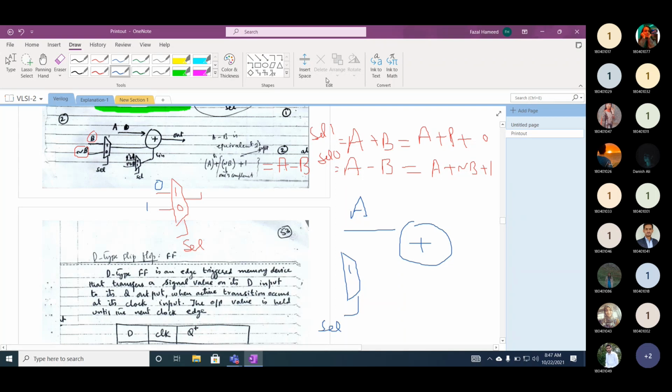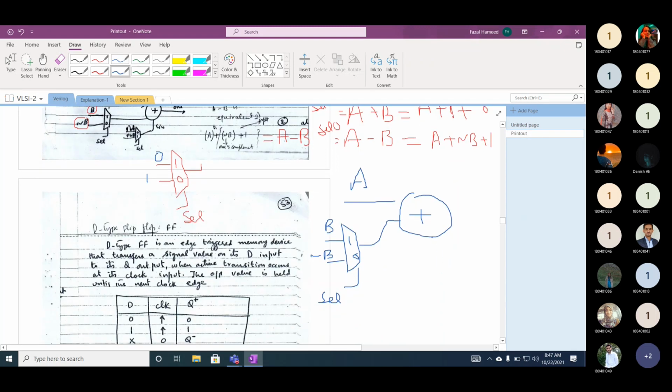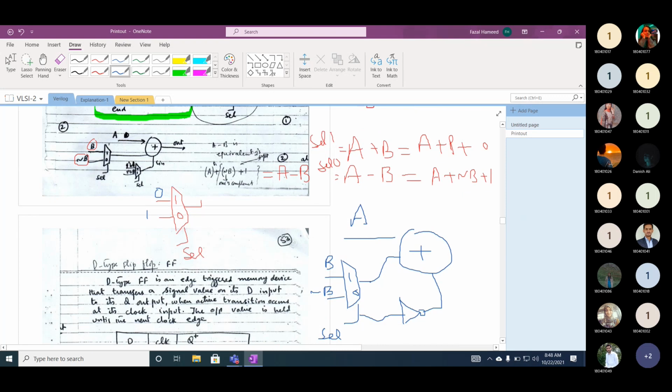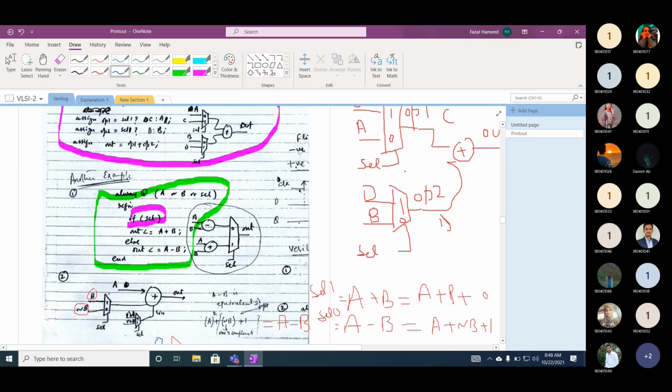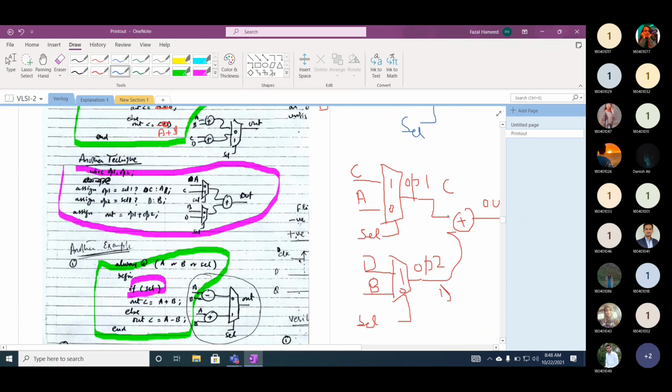If sel is equal to 1, B will pass; if sel is 0, inverted B. So now this is the second input, A and B. And now you need a C in, and C in will be the invert of sel.